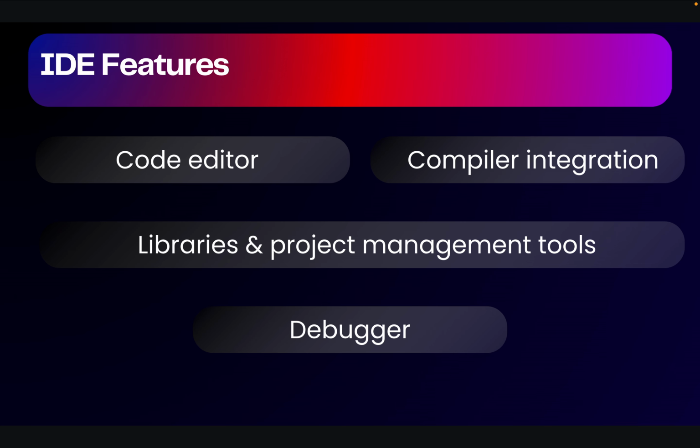It includes a code editor, a compiler within it to get your code compiled and translated for your computer. It includes libraries that you can use to help you build your code, and it includes a debugger. And a debugger is what we call your fix-it tools, like your toolbox that you take. You use this tool to help you walk through issues and get those issues resolved.